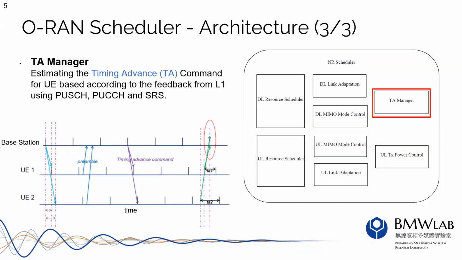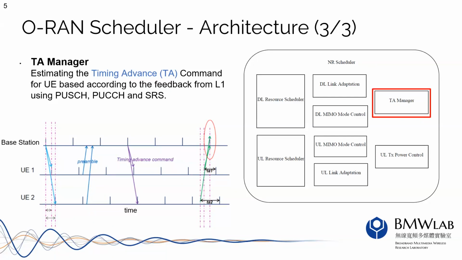And this submodule is the TA manager. TA means timing advance. So what is timing advance? You can see this figure. Assume there are two UEs, and UE2 is farther away from the base station. The base station will broadcast a message to UE1 and UE2.